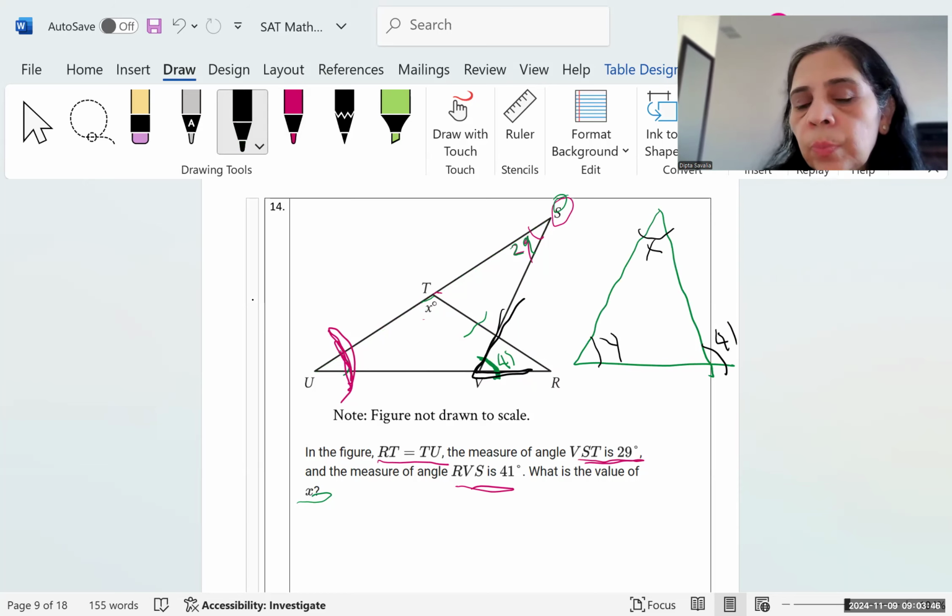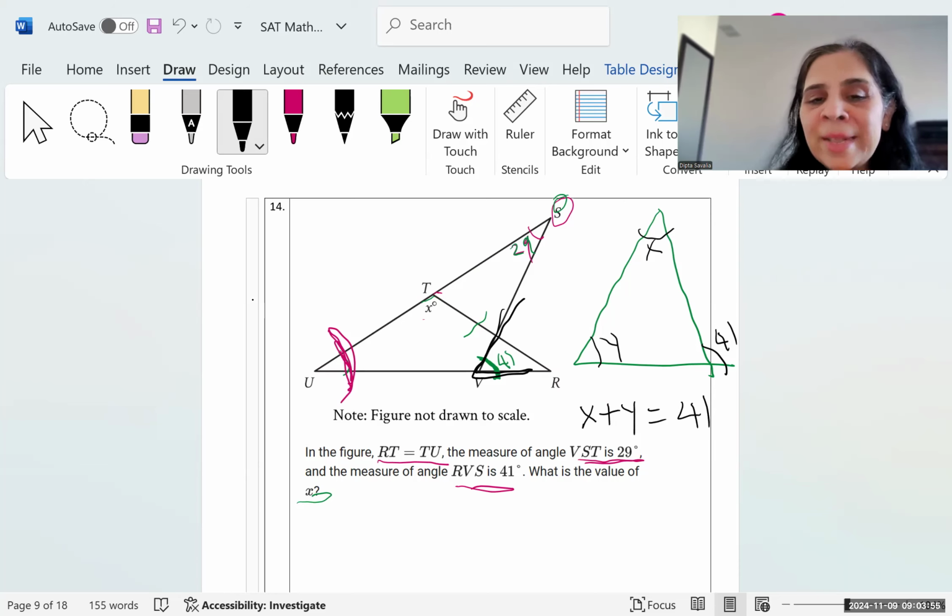What is our rule? These two non-adjacent angles' sum is the same as this exterior angle. Wow, that's cool, right? Now this angle here, we have 29, and here is 41. So I can find y, right?